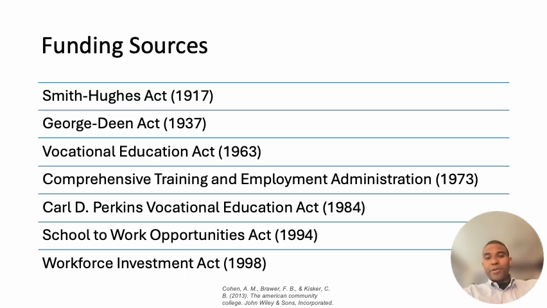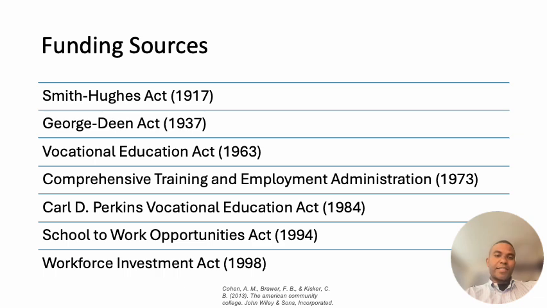We also had the Comprehensive Training and Employment Administration, so not a law, but a sector of the federal government in the executive branch in 1973 that was dedicated to supporting vocational or occupational education.